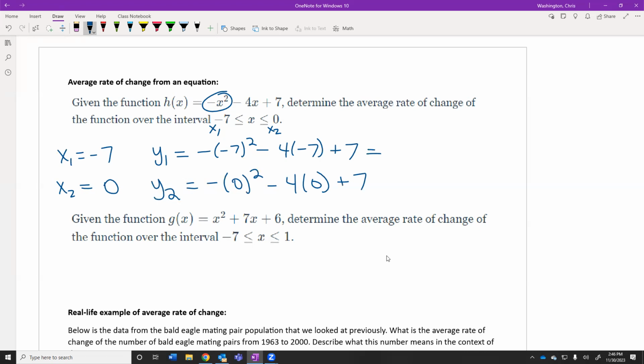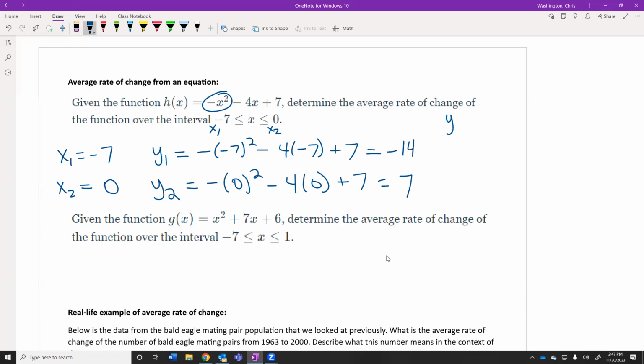It ends up being +28 plus 7. -49 plus 35 is -14. And then 0 squared minus 4 times 0, all of that is just 0. And 0 plus 7 is 7. So now we know what y1 and y2 are. We got those by plugging them into the equation.